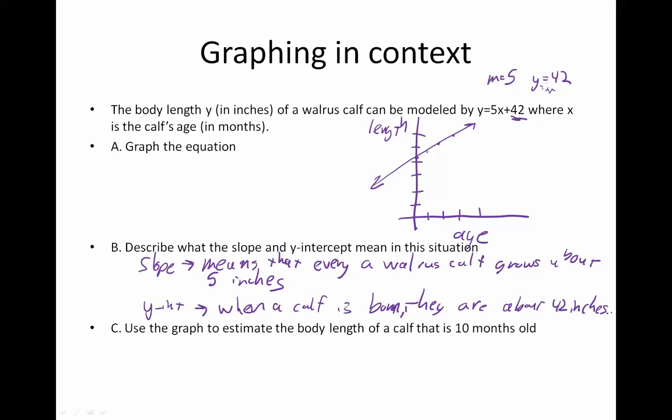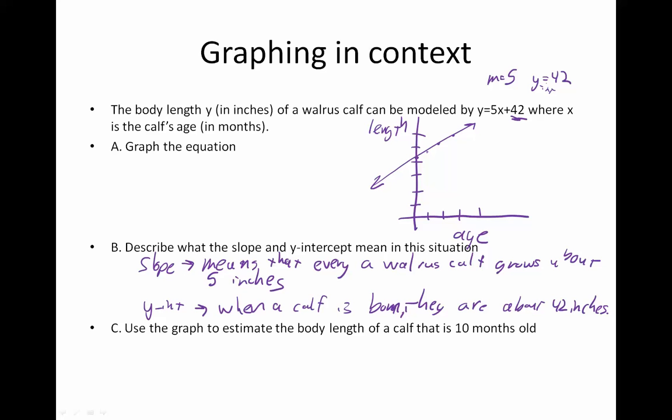Now this equation is a model, right? So it's not like every walrus calf is born 42 inches, but that's kind of the average. That's the model that we're using to estimate it, right? So there we go. That's what the slope and the y-intercept mean.